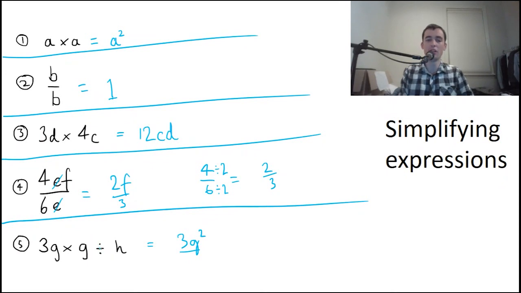So it's better to write your final answers as a fraction like this, over h. And we haven't really simplified this last one, but you can't simplify it any further. Well, we've simplified it a little bit. We've written g times g as g squared, and we've done over h, which isn't really simplifying it, it's just making it nice and neater.